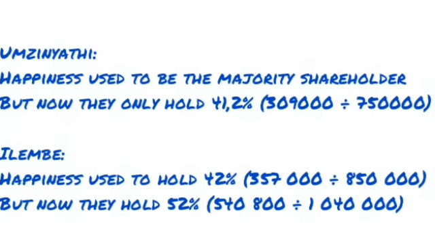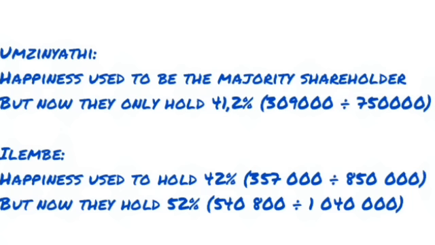So we comment on both companies. Starting with Umzinyati, Happiness used to be the majority shareholder, but now she only holds 41.2%. How did I get it? It is how much she owns this year and how much Umzinyati has in issue. You divide those two amounts. Then Ilembe, Happiness used to hold 42%, so that's last year's amount divided by last year's shares in issue.